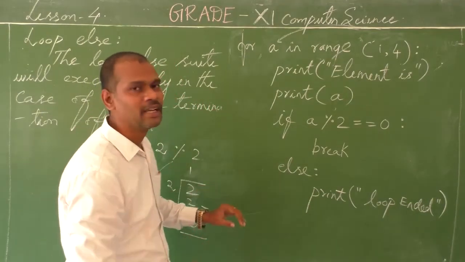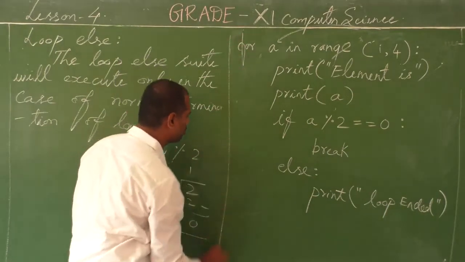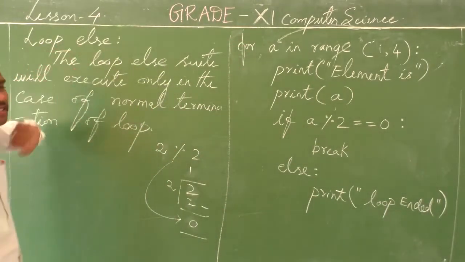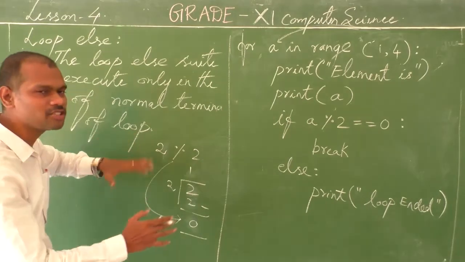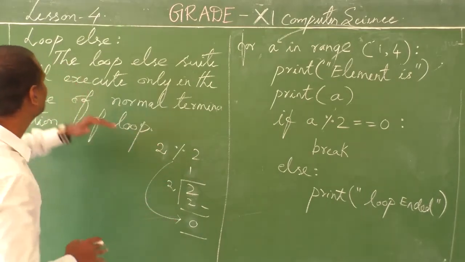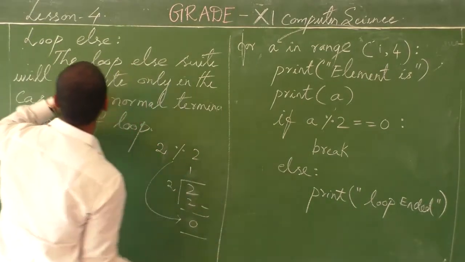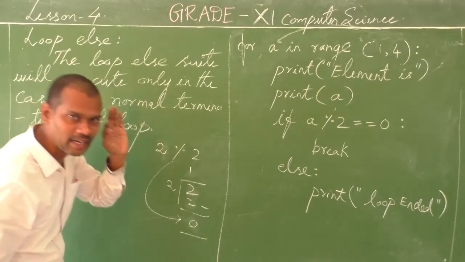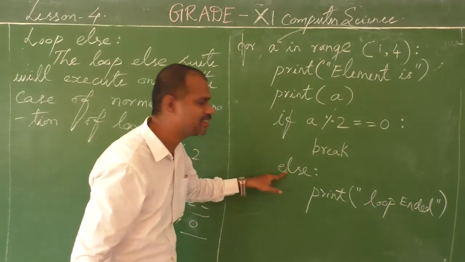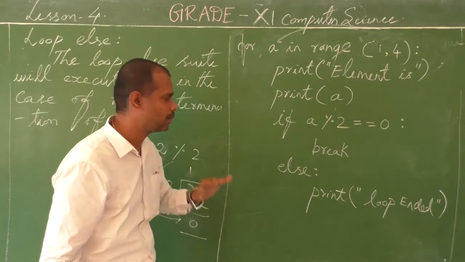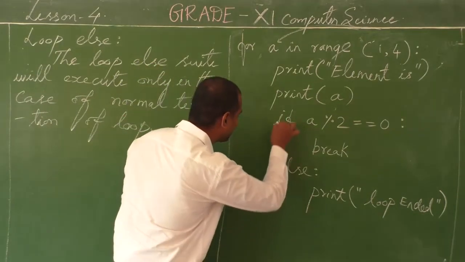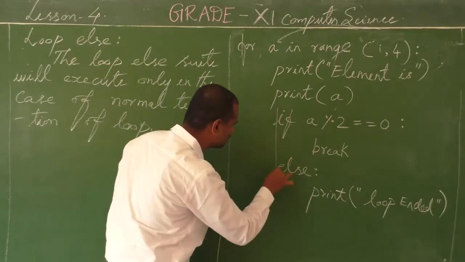Very simple. Till now you have seen loop else. For the past 2 classes you saw that this else is a loop else. But now this else is not a loop else. Because, can you see this line?